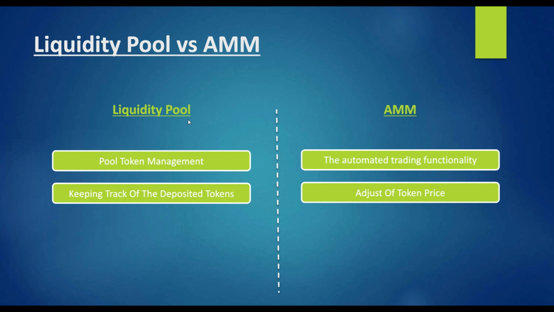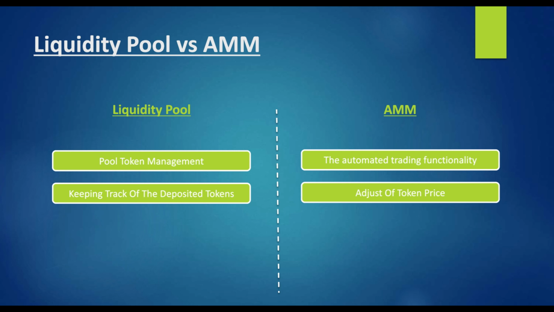If we talk about liquidity pool, it keeps track of the deposited tokens, okay, the amount we have and everything. When we talk about AMM, it helps us in fetching the price of the token and adjusting the price of the token, basically what the price of the token should be when the trading is continuously happening, right? Because every time there is demand and supply, sometimes the supply will be more, sometimes the supply will be less, so we have to adjust to the market price, right?